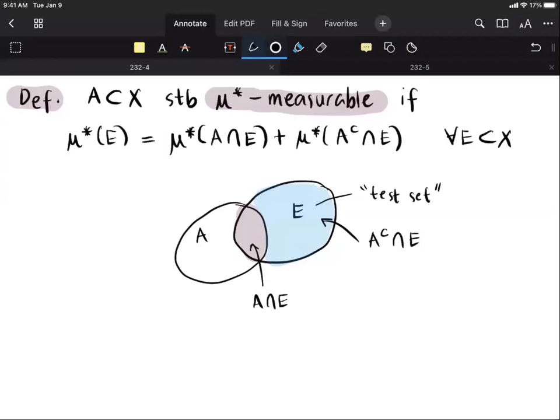Based on this definition, we will see later that this will imply additivity, and hence sigma additivity, in the future discussion.